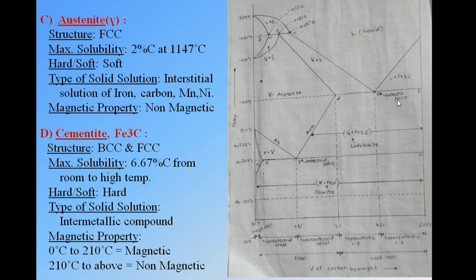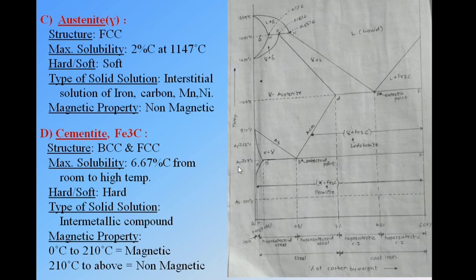From 210 and above it is in the non-magnetic state. Just remember this small difference. This 768 degrees Celsius is for the whole phase diagram, and this 210 degrees Celsius is only for the cementite phase. 0 to 210 it is in the magnetic state, and from 210 up to high temperature it is in the non-magnetic state.